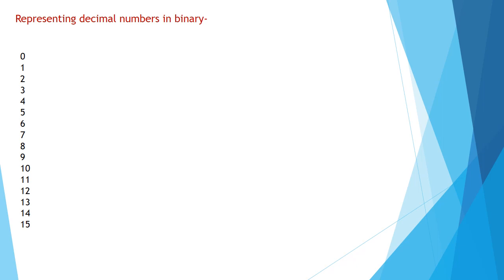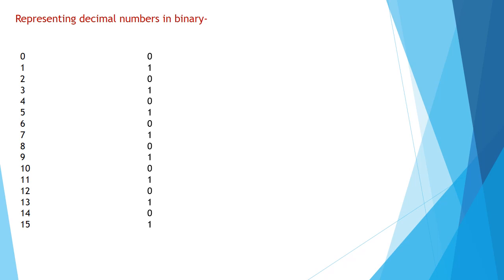There is a shortcut way to learn how you can get the decimal representation in binary. You are having a list here. Let's see how to make that list. First of all, mention these numbers in this form: 0 1 0 1 0 1 0 1, alternate 0 and 1.